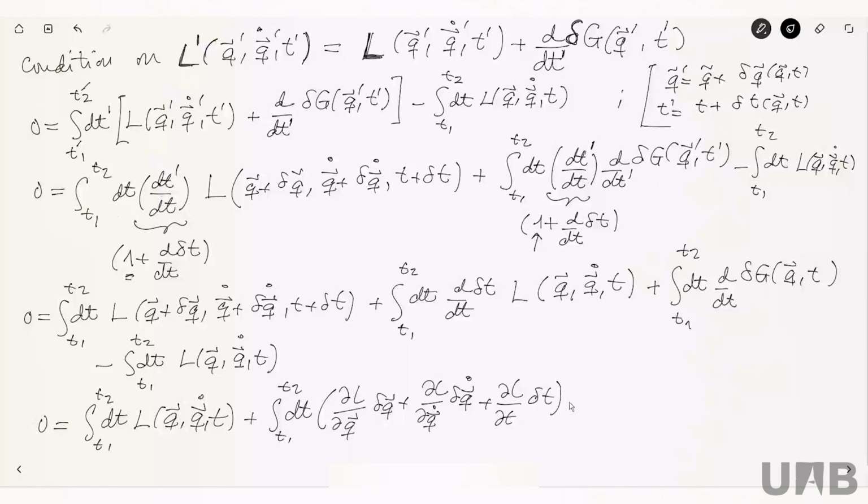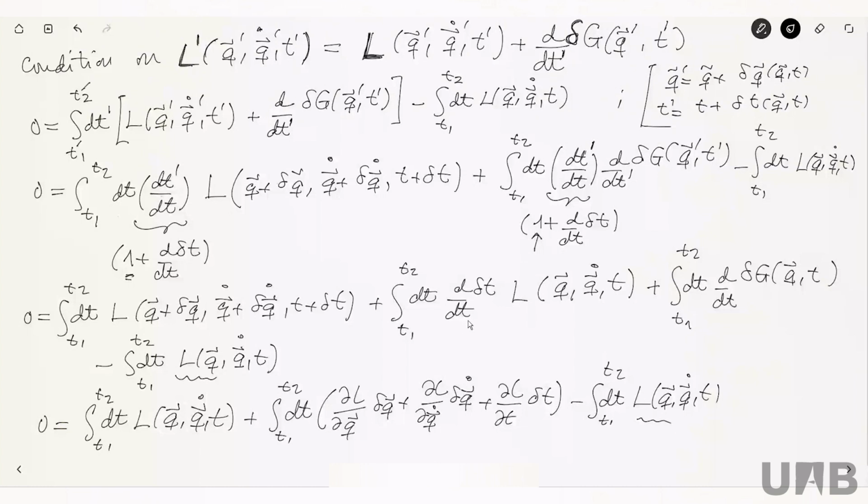Minus the integral dt from t1 to t2 of the Lagrangian of q dot and t, this guy is this guy, okay?